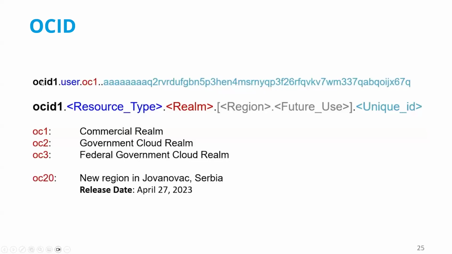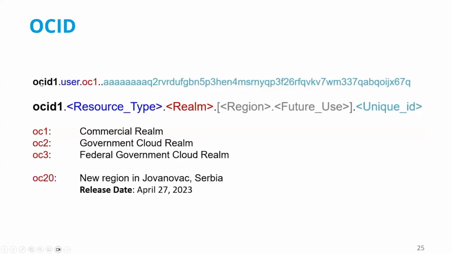So this is the structure of OCID. It starts with ocid1, the version. Then you have the resource type. For example, this is the OCID of a user. Then you have the realm. Here we are using oc1. And then there are a few things which are for future purpose, like region and future use. And then we have the unique ID.